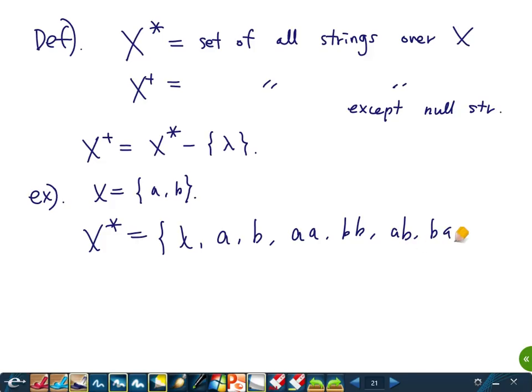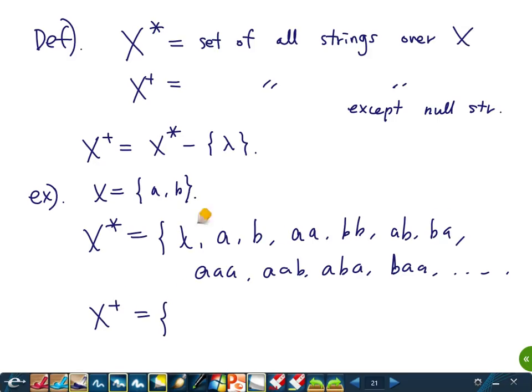They are different strings. There are too many to write them all, infinitely many. What about X plus? The same thing except lambda. So A, B, AB, like so.